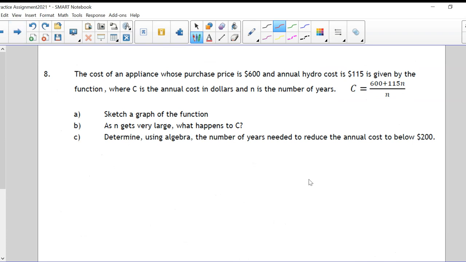Cost of an appliance. You buy something for $600 and the annual hydro cost is $115. So the annual cost in dollars, where N is in number of years, is given by the initial cost of $600 plus the yearly cost of $115 times N, divided by the total number of years.